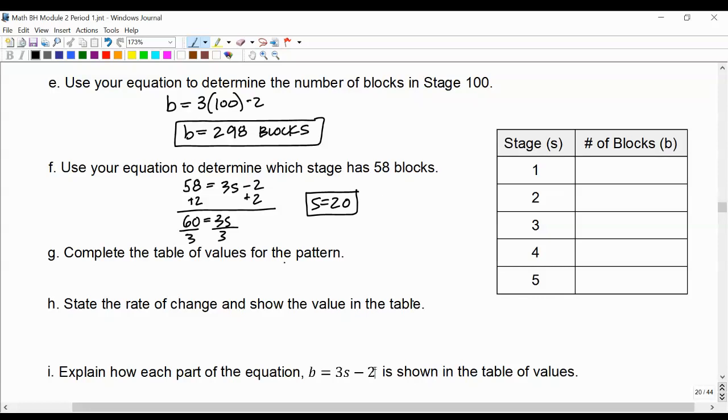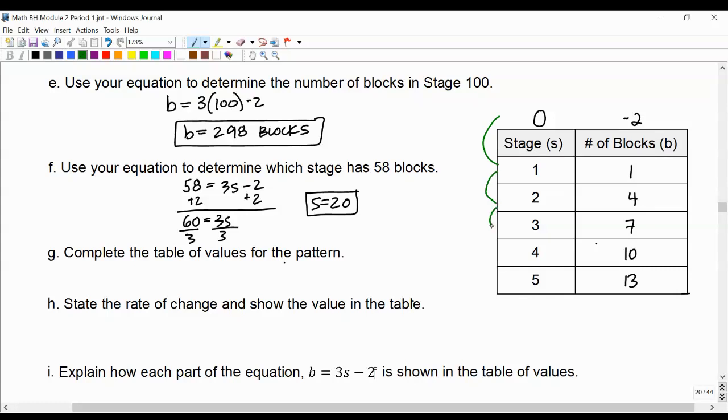We're going to fill out our table. I'm going to add 0 up at the top, 0, -2. And then it was 1, 4, 7, 10, and 13. Each says we're going to show the rate of change or the first difference.